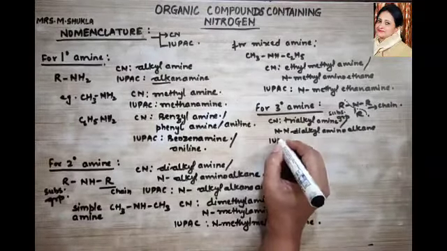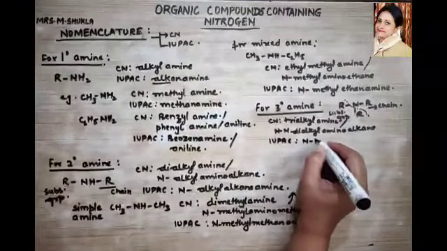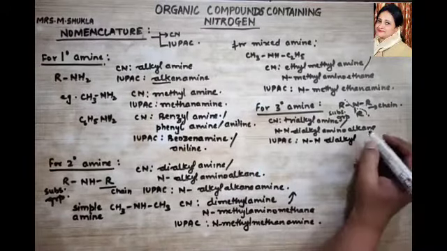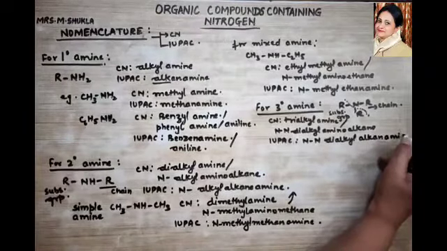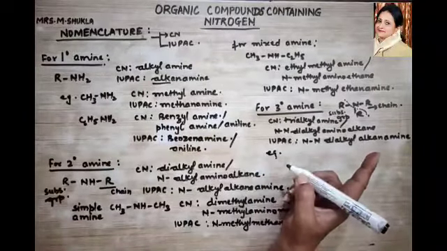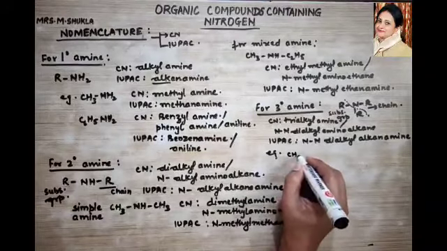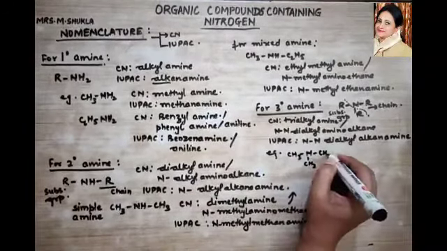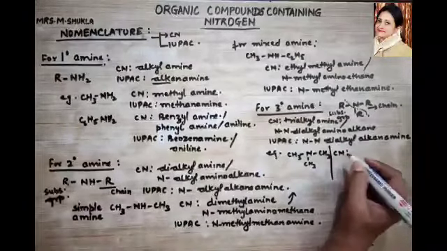And for your IUPAC naming, it can be written as N,N-dialkyl alkane amine. Followed? So let's take an example. Firstly, again a simple amine, for example CH3NCH3CH3. Now let's write its common name.